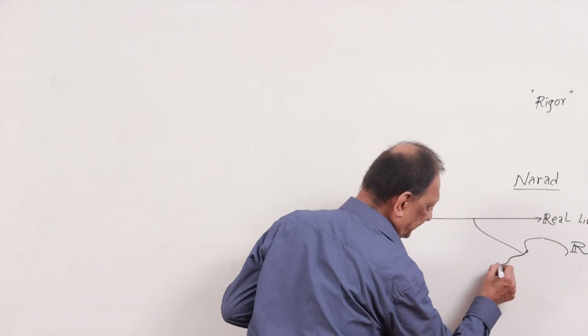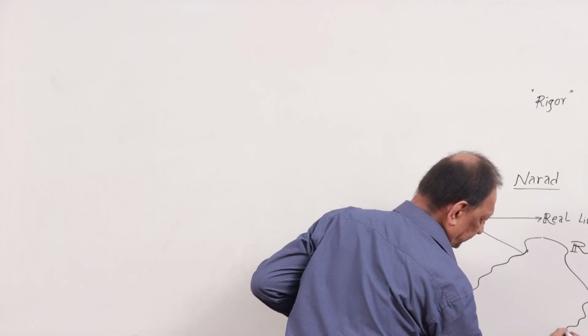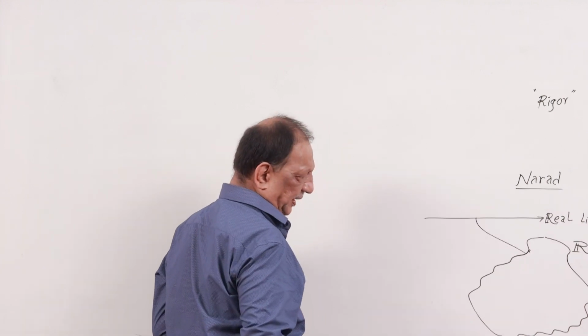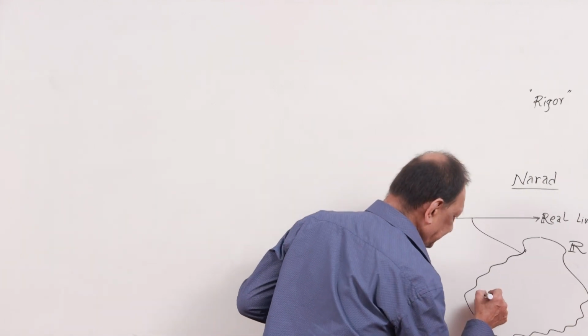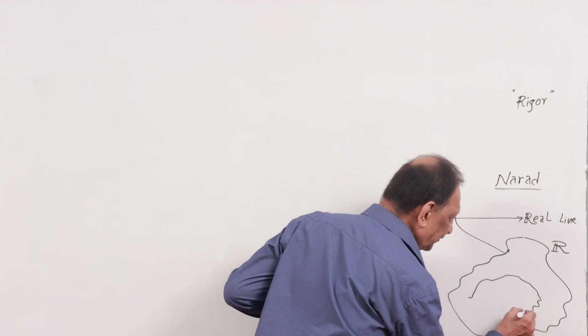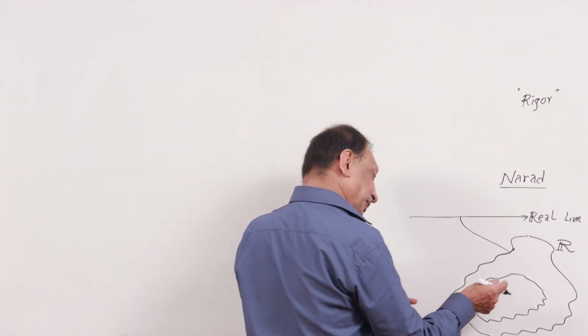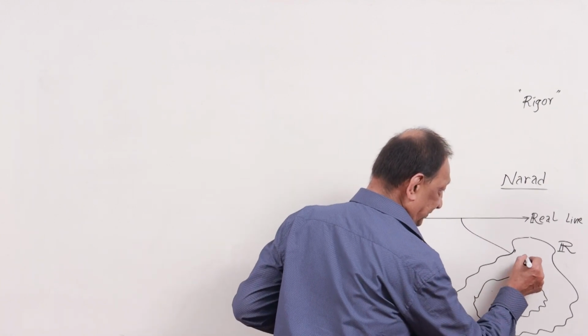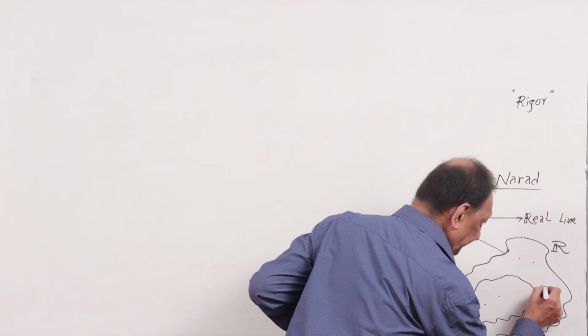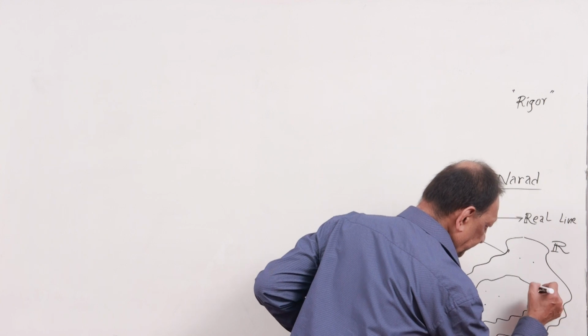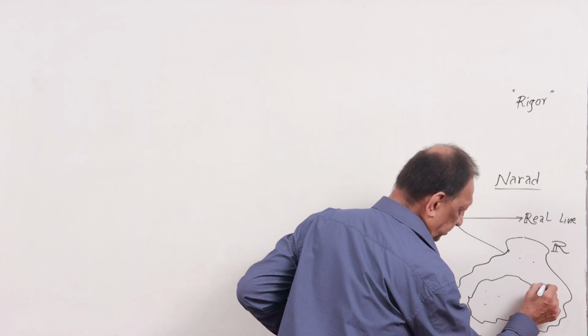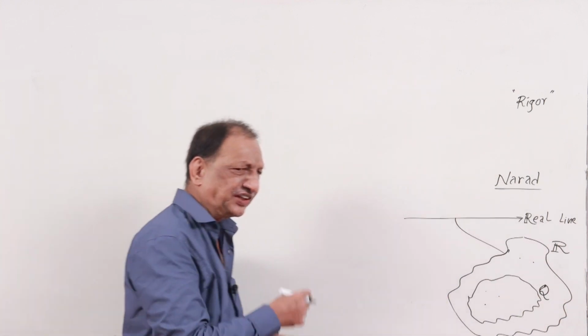So I got this R. R is a huge set. Infinite number of numbers are there. But then within R, there is another huge set of numbers, also infinite number of numbers inside, which is the Q, called rational numbers.